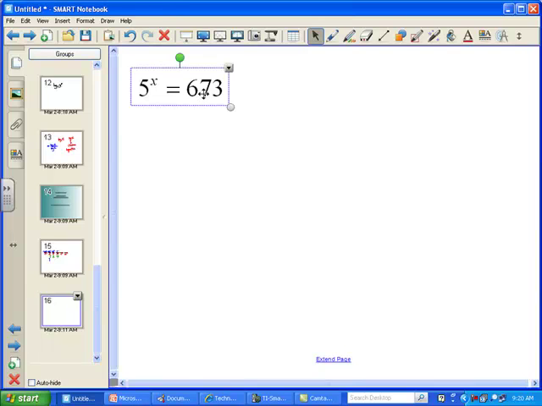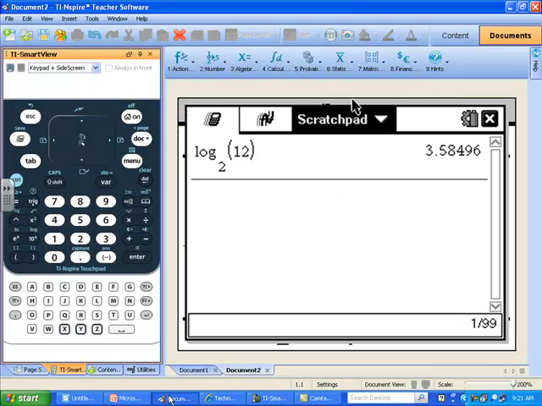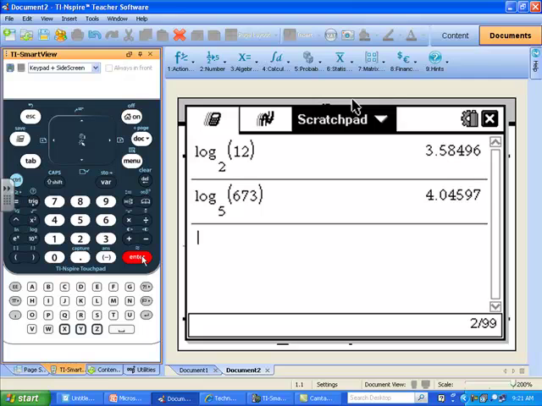So let's try that again. We're going to apply change of base with 5 to the x equals 673. So if I put this into log form, it would be log base 5 of 673 is equal to x. And I can put that in the Inspire, log base 5 of 673, and I get 4.04597.